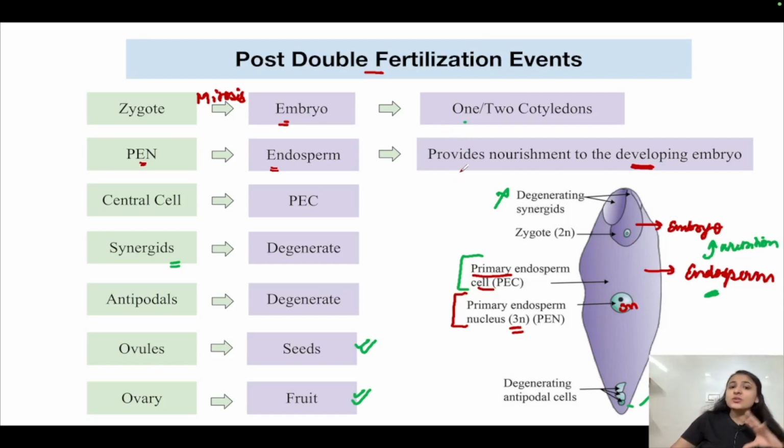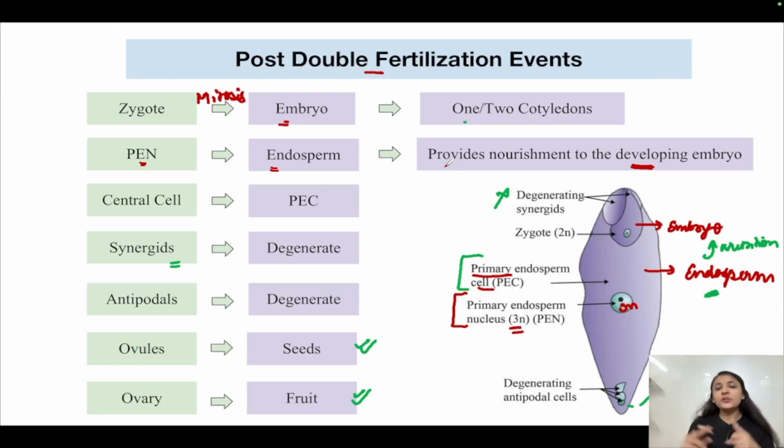But there is also a second kind of endosperm formation, known as cellular endosperm formation. In cellular endosperm formation, karyokinesis is followed by cytokinesis from the initial stage only. Whereas there is a third type of endosperm, known as the helobial endosperm, which is an intermediate between the nuclear and the cellular endosperm.